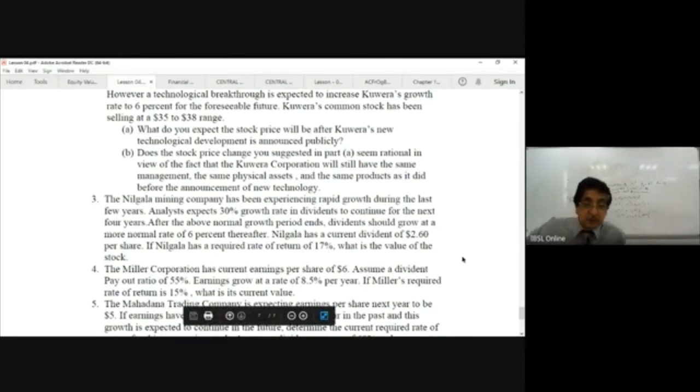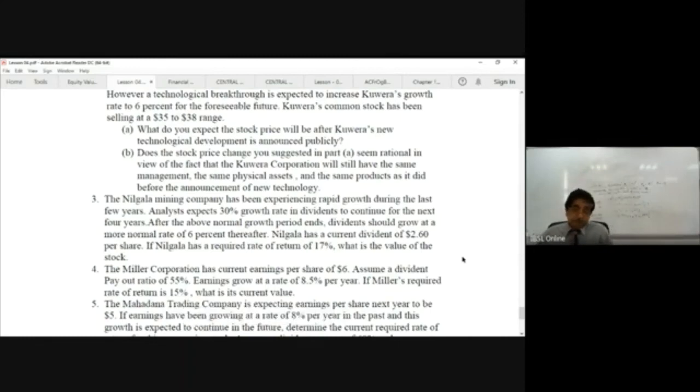Now, first of all, we need to see whether this calculation can be done using the one-stage model. If it can be done using the one-stage model, it is very good, but we can just check whether it can be done.